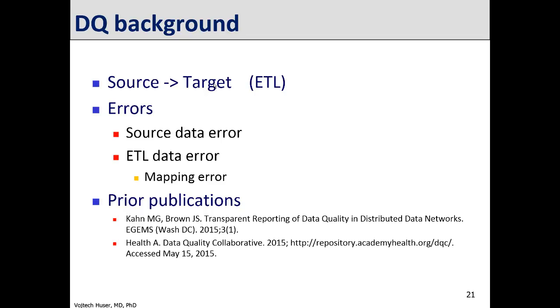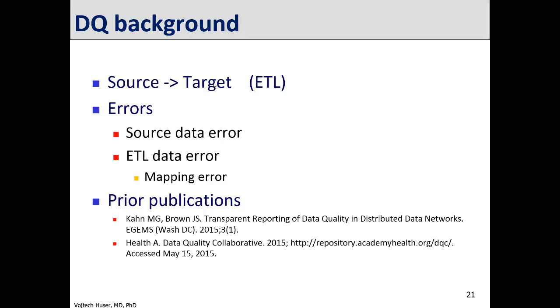In terms of that study and the manuscript we wrote, we introduced some conventions. We refer to the source data from EHR as source, and if they are converted to common data model, for example, version 5, we call these a target, conversion from source data to target data. And the goal is really to find errors in the data, if it's all about data quality.